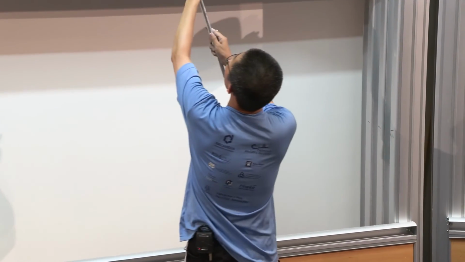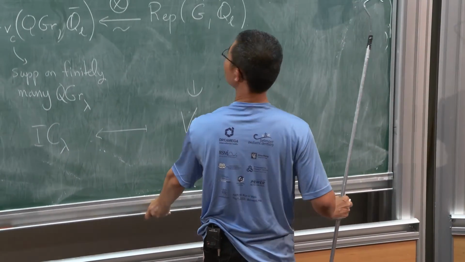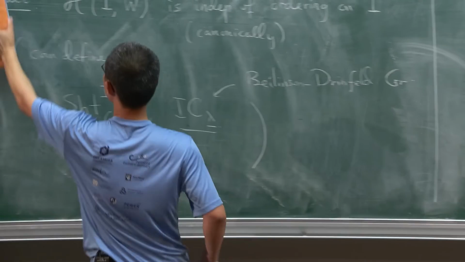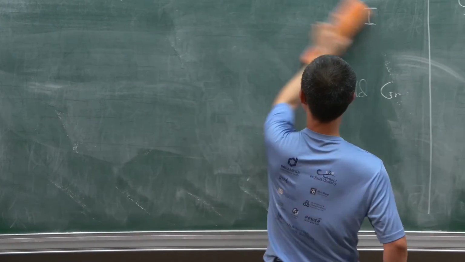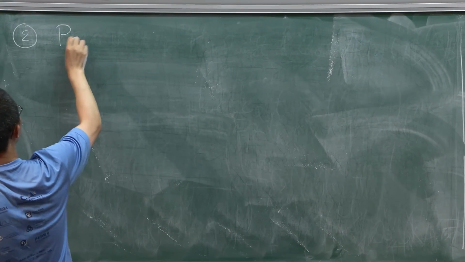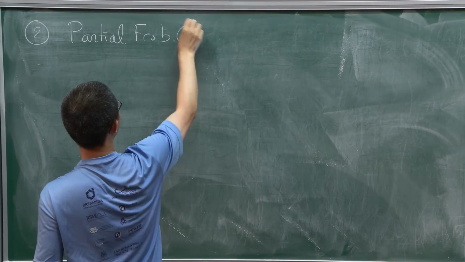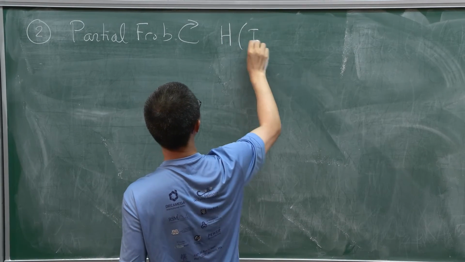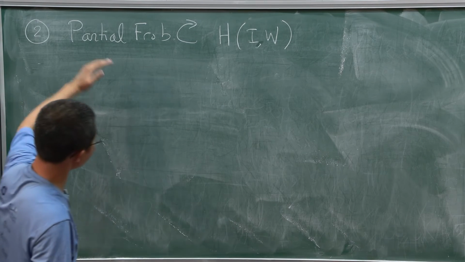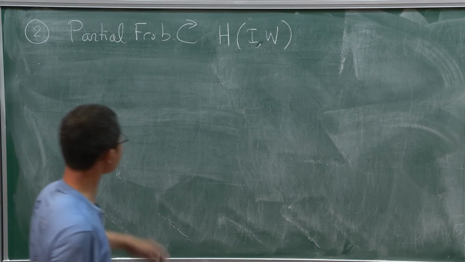And the second is the partial Frobenius action on H. Here you will see why it is useful to introduce iterated and non-iterated versions of Shtukas.